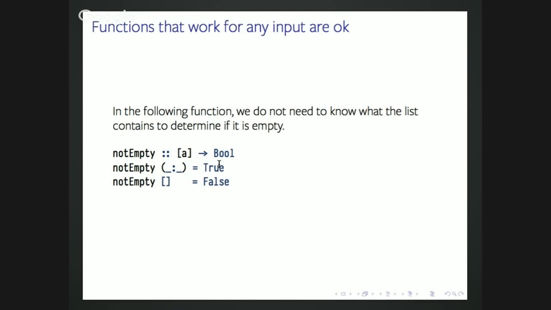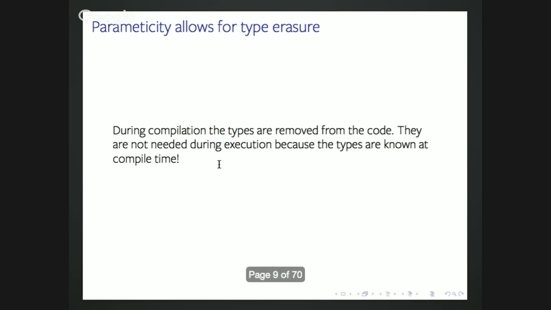So notEmpty is an easy function. It's a function that goes from a list of A's to Bool, and if the notEmpty function has something at the head of the list, then you say it's not empty, and otherwise, if it is the empty list, you just say it's False. So this function is allowed because it doesn't try to match on the types inside. It just says, I know I have a list, so I'm just going to do list operations, if that makes sense.